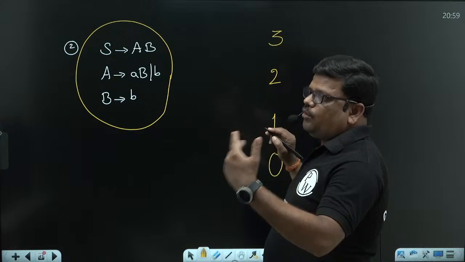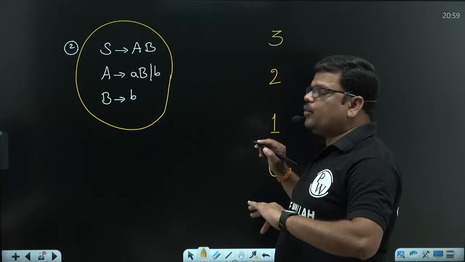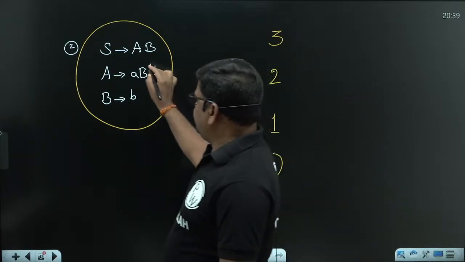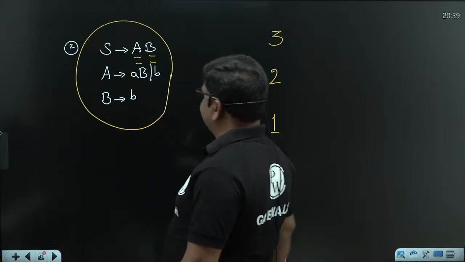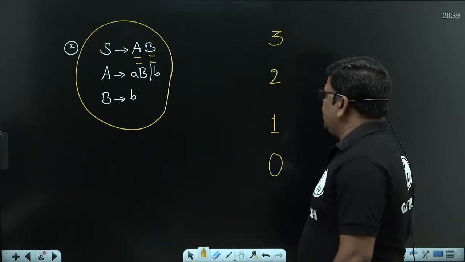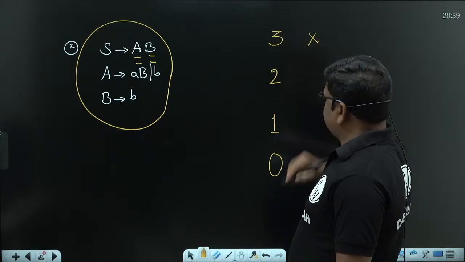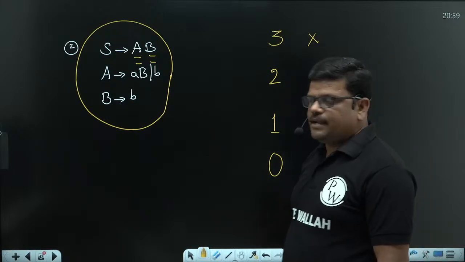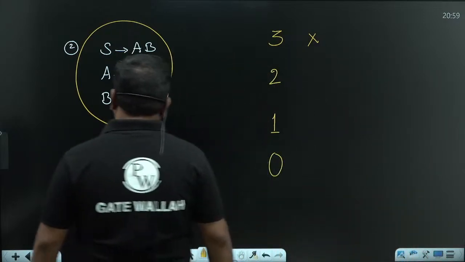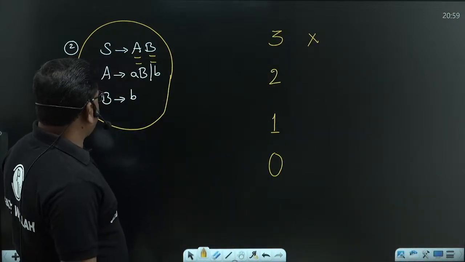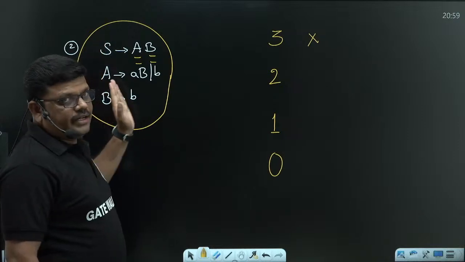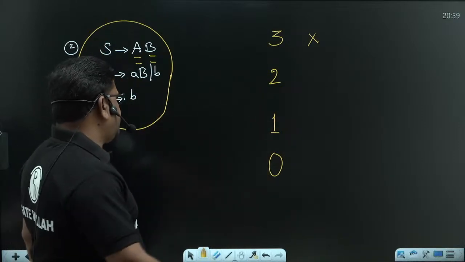Left hand side one non-terminal, right hand side at the max one non-terminal. But the moment you see two non-terminals in the right side, type 3 fails. Then let us check for type 2. What is type 2? Left hand side one non-terminal, right side anything allowed.